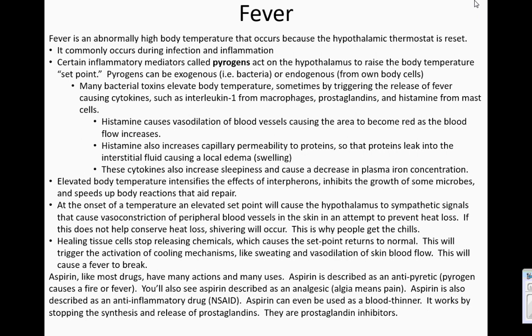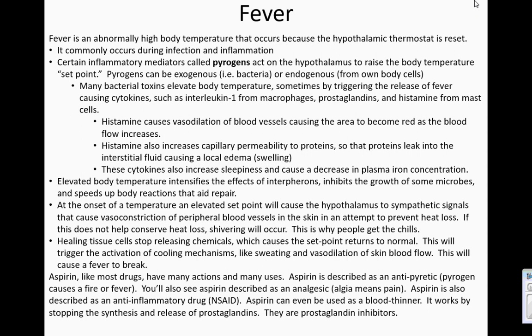Many bacterial toxins elevate body temperature, sometimes by triggering the release of fever-causing cytokines like interleukin-1 from macrophages, prostaglandins, and histamine from mast cells. Histamine causes vasodilation of blood vessels to the area, causing it to become red in color because of the flow of blood.